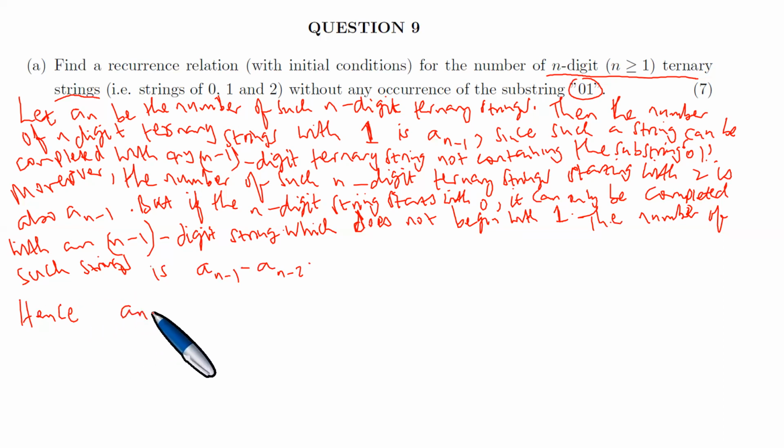But hence, what is then a(n), where a(n) is the number of such n-digit ternary strings? So a(n) can therefore be seen as follows.